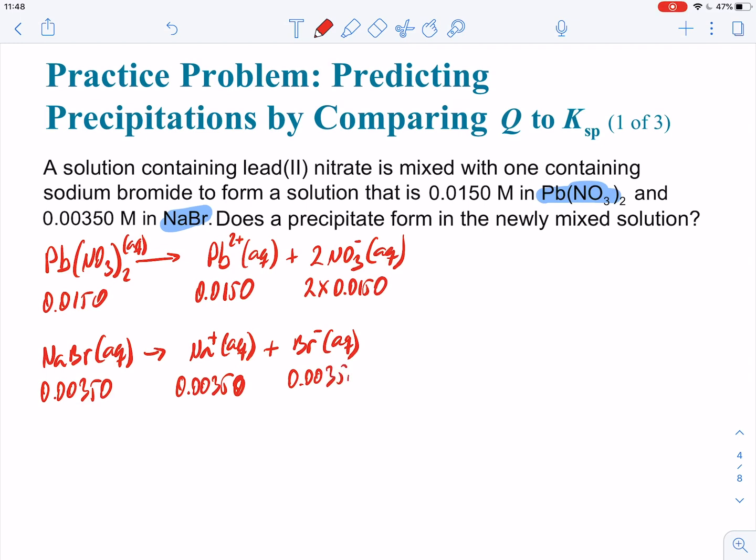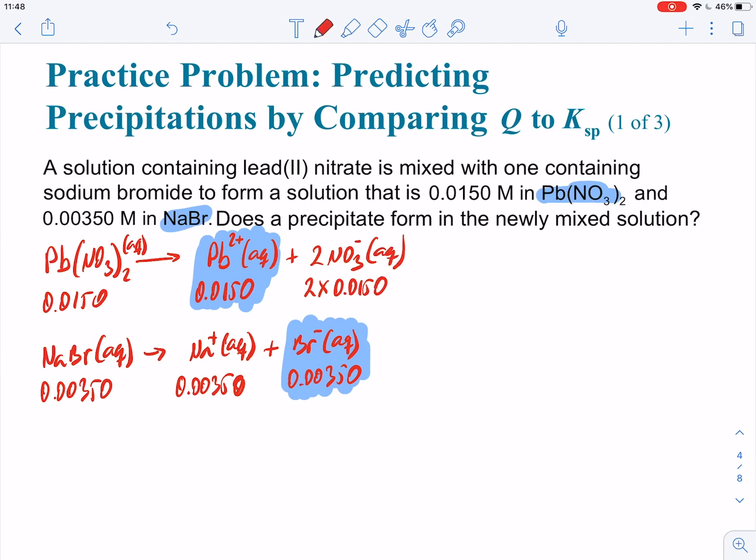Now, out of all these ions, the ones we are interested in are lead and bromide, because those are the ones that are going to produce a solid.